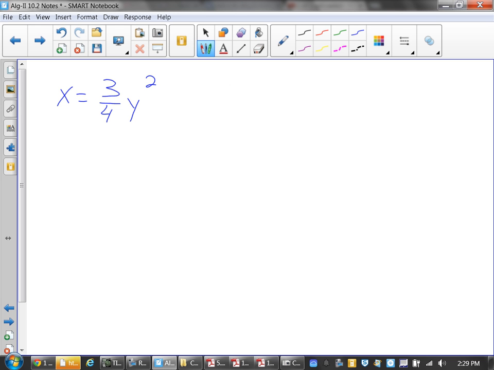So it's going to go left or right again. I want to get the y squared by itself, so what do I multiply by? 4/3. So now I start with 4/3 x is y squared. Next to that, I'm going to rewrite y squared equals 4px. Everybody okay with that?